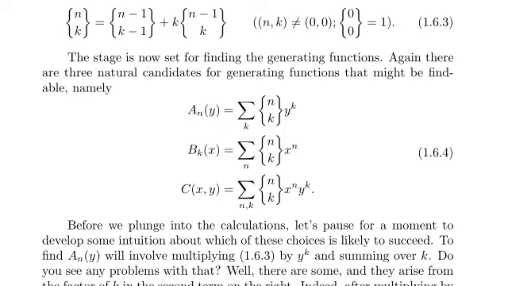So the stage is now set for finding the generating functions. Again, there are 3 natural candidates for generating functions that might be findable, namely A_k(y), the sum over k of the Stirling number {n k} times y to the k; B_k(x), equal to the sum over n of {n k} x to the n; and C(x,y), the sum over all n and all k of {n k} x to the n y to the k.